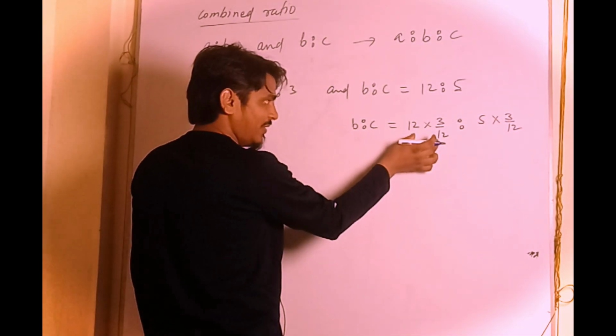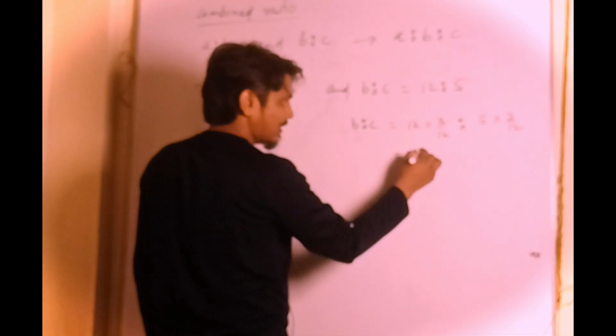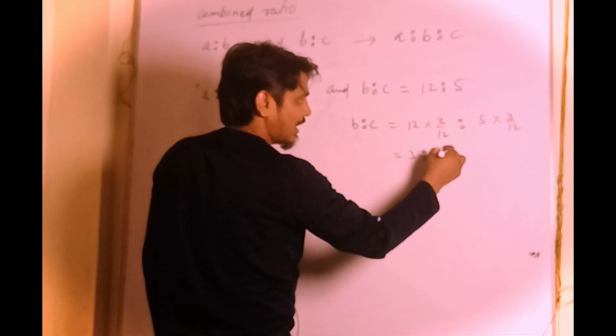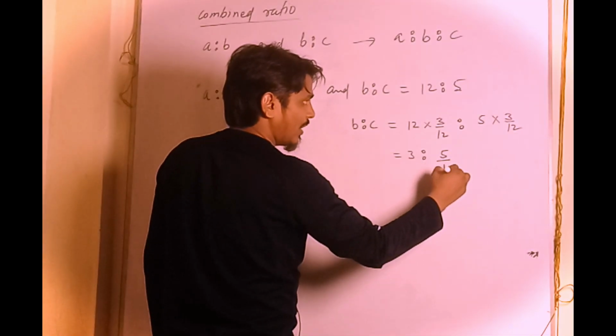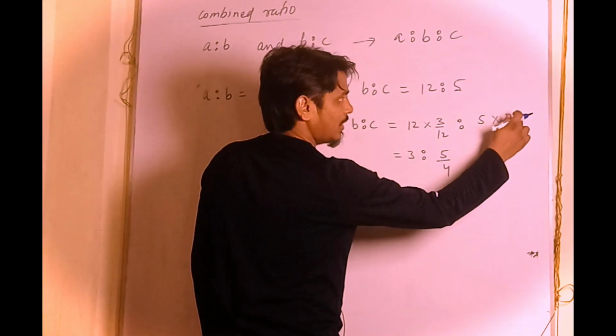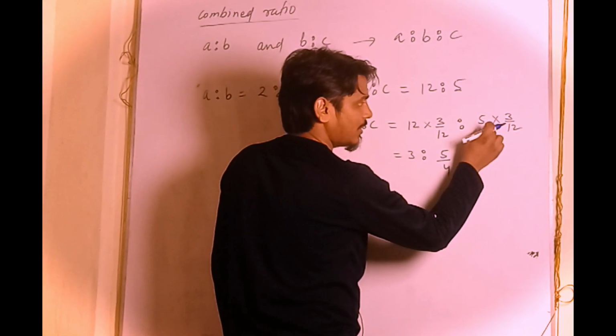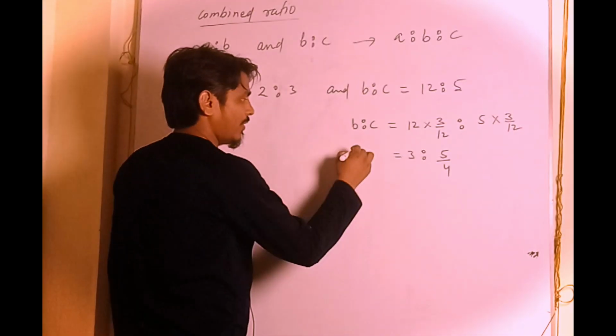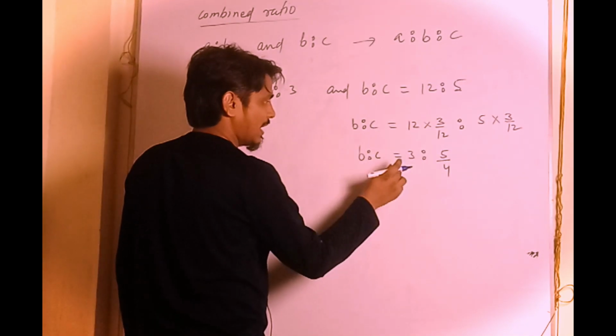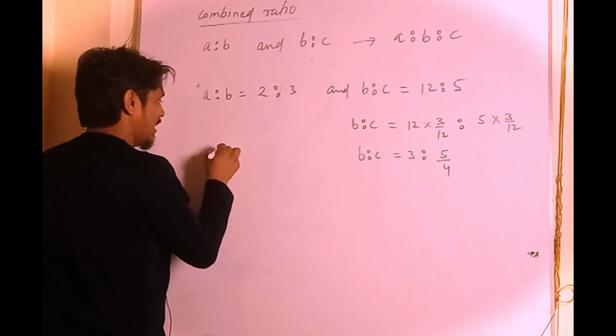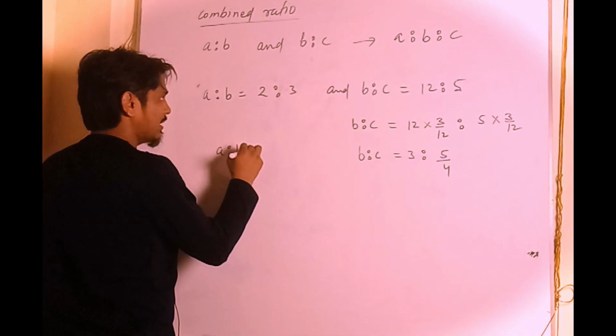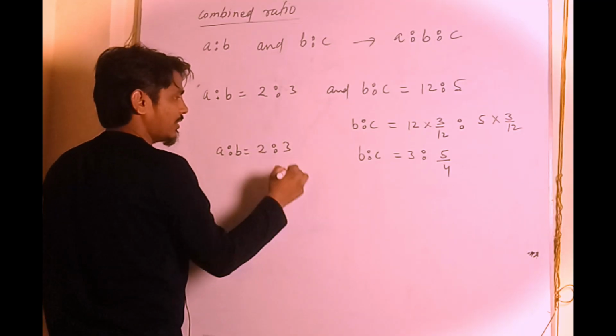So once you simplify this, you will get this as 3 and this as 5 by 4, because this 3 is going to cancel this 12 by 4, so this is 5 by 4. So we got this ratio B ratio C as 3 ratio 5, and here we have B ratio C as 2 ratio 3.